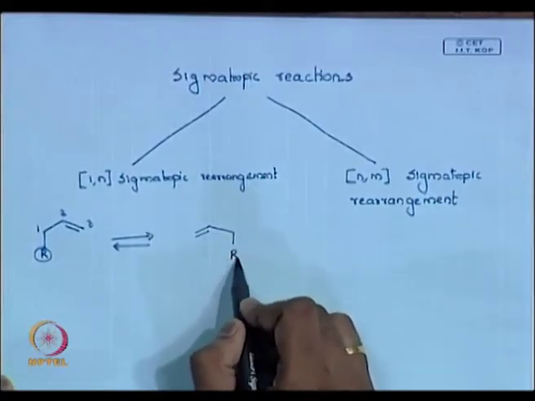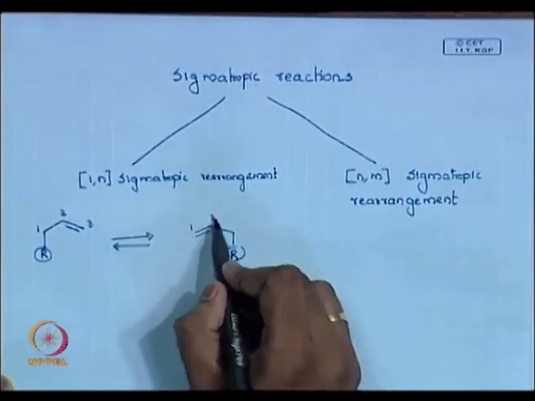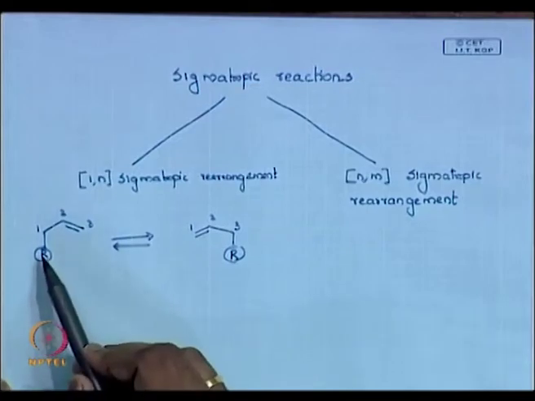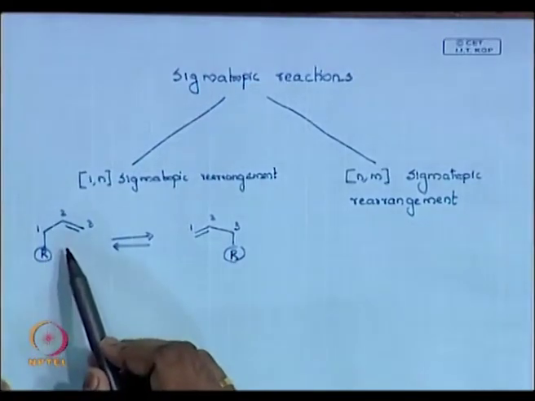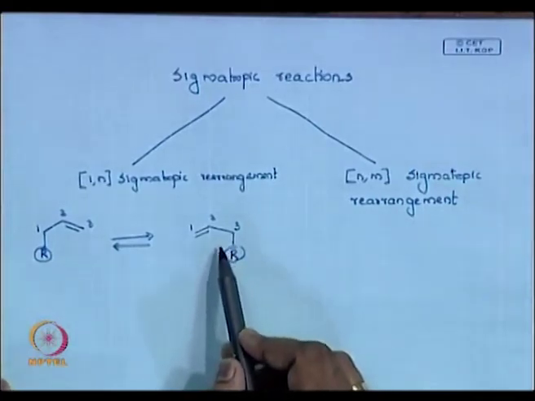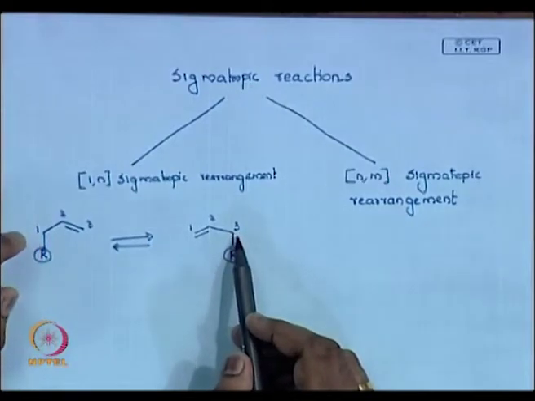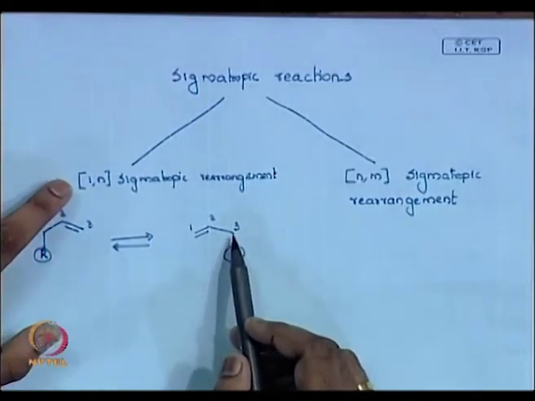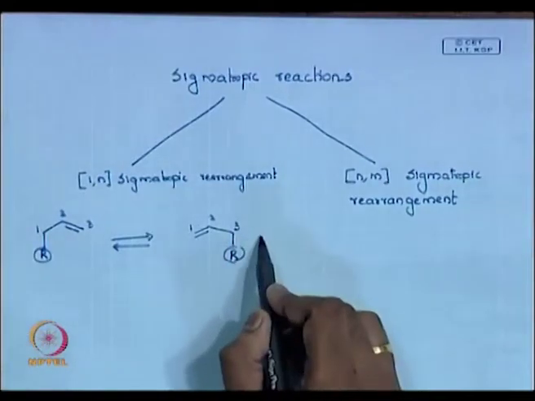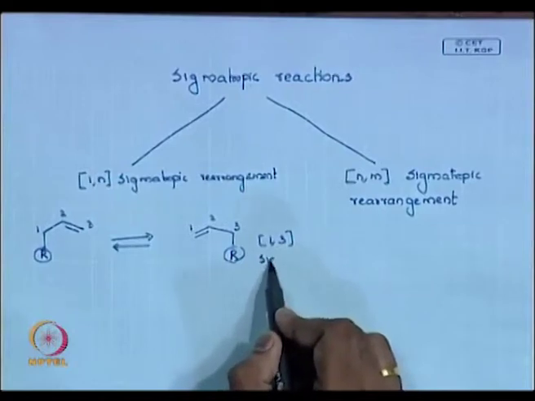You get a product like this. Now, this residue has moved across the pi system and reached a position like 3 in this case. So, that is your n. It can then be called a 1,3 sigmatropic shift.